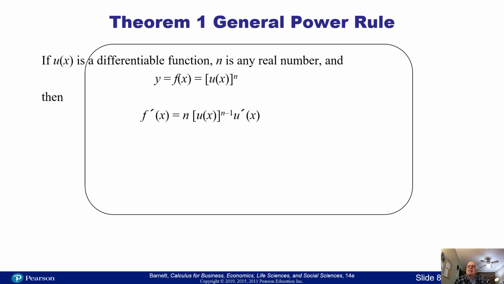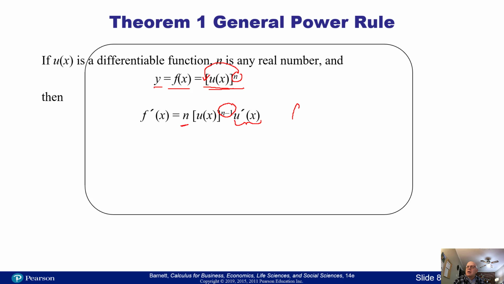So u of x is a differentiable function. So y equals f of x, and f of x is this. So we bring that n out front. There's your n. And you reduce that power by 1. There you go. And at the end, you have to take the derivative of the inside function.